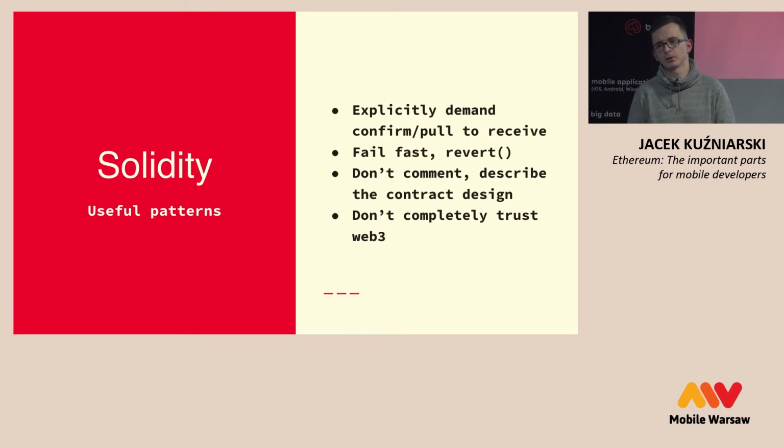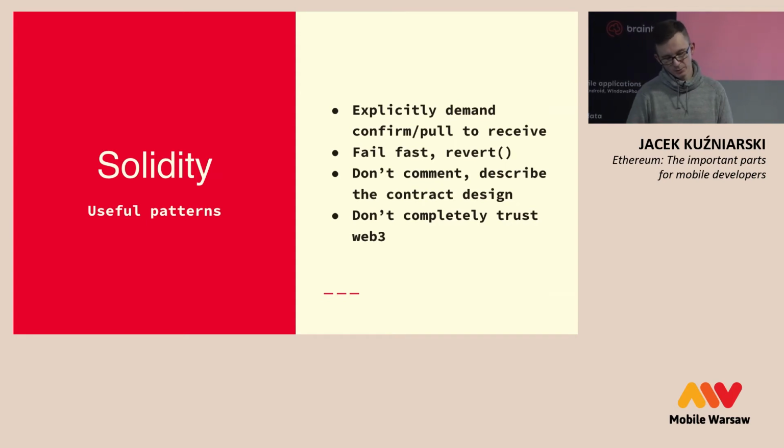Revert is a built-in function in the contract, and you need to remember that each time you run a function, it costs. You need to submit funds to run it, and people will not be very happy if it fails. So you would fail fast if the conditions are not met, and revert, which would send the rest of the gas that was not burned back to the sender.